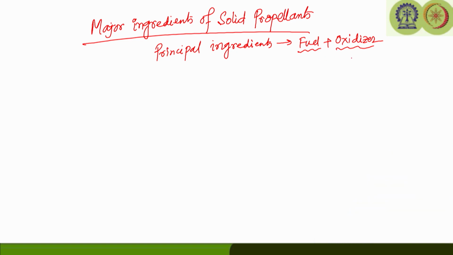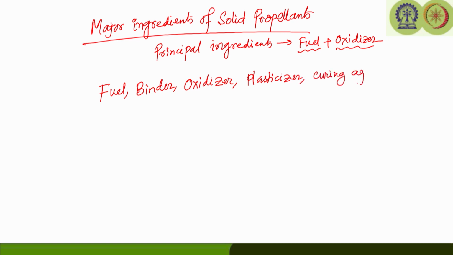As I said, the fuel and oxidizer are the principal ingredients, but name wise it will have fuel, it will have binder, it will have oxidizer, it may have plasticizer, it may have curing agent, it may have burn rate modifier, and so on.